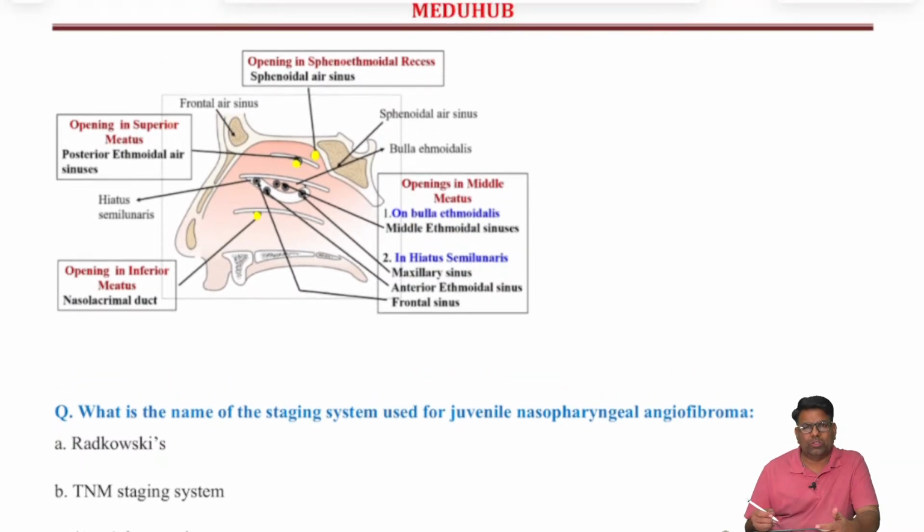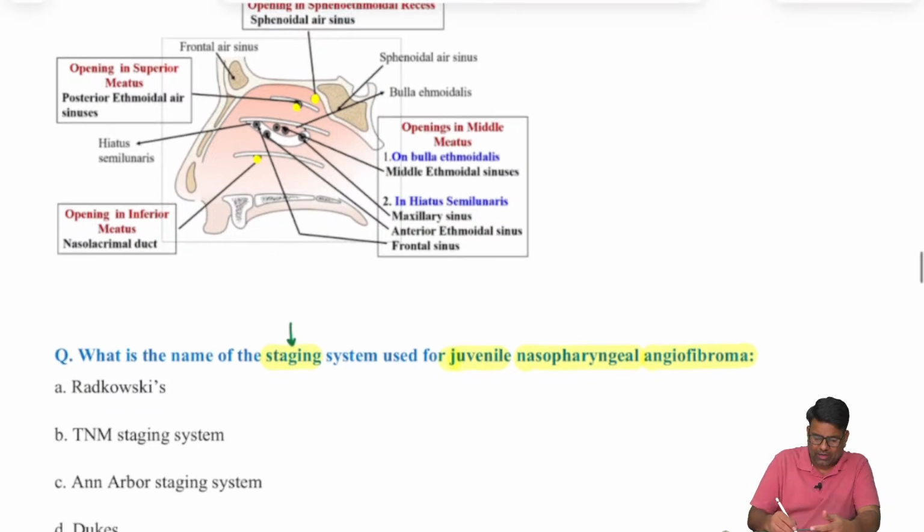Then there was a new question, and it was about the staging system used for juvenile nasopharyngeal angiofibroma. Usually till date, we have questions about diagnosis or investigations or the Holman-Miller sign and all. But this time they have asked about the staging, and this is altogether a new question and slightly tough for the student, because as faculty we don't usually teach this.